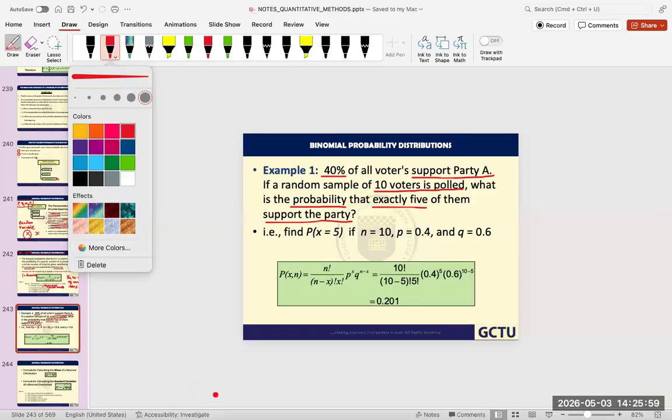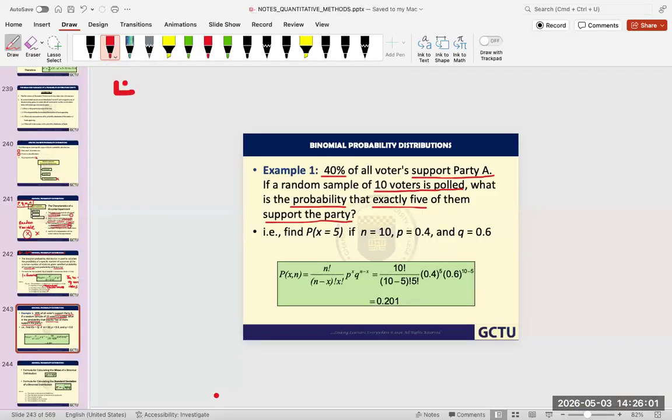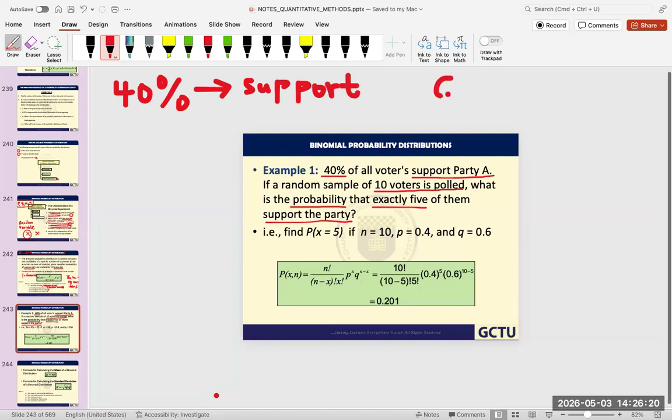That if 40% are supporting party A, so this is support, then it means that 60% we say do not support.